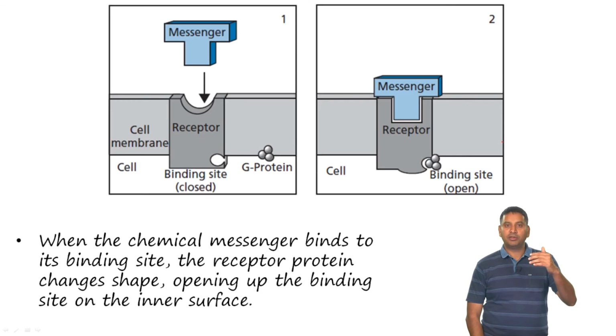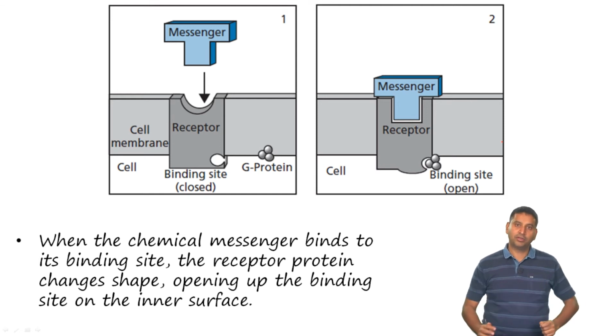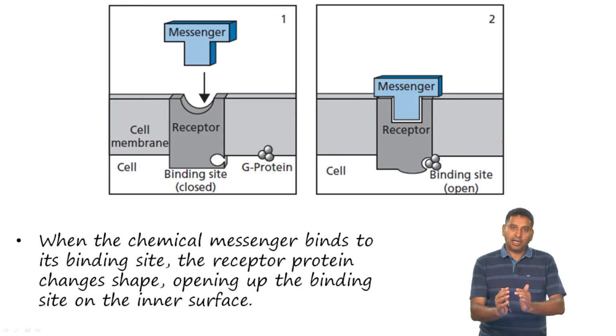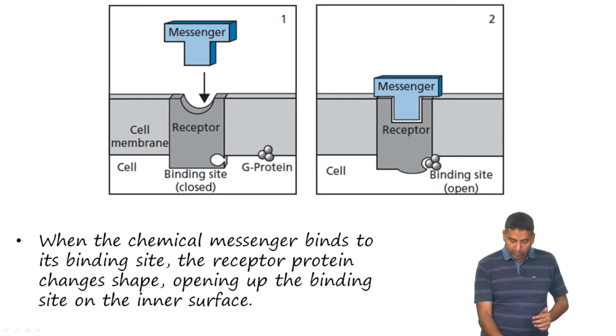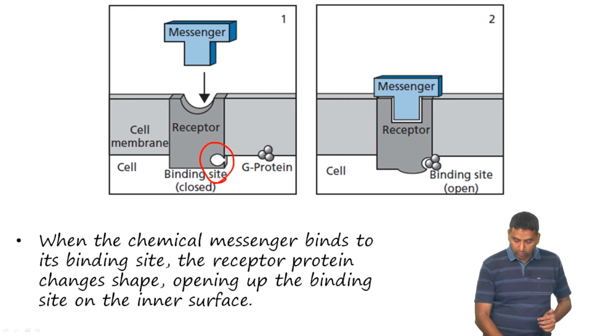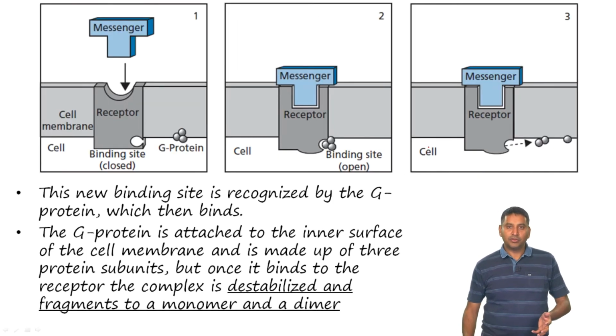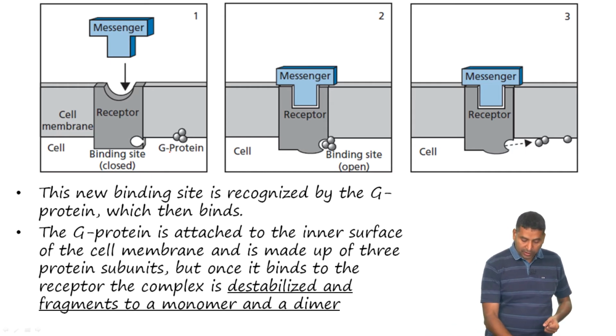Once the messenger binds to the receptor, there is an induced fit which helps the binding of the messenger. Once this binding happens, the inner binding site which was previously closed is now open. After it opens, it becomes a site for recognition by G proteins.